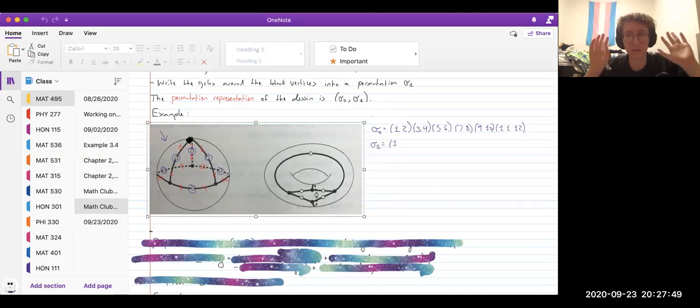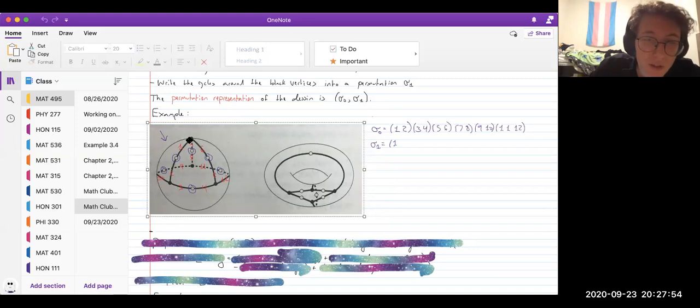We have to imagine we're viewing this from above. Counterclockwise would be going this way. The next one you hit is 6. Then if you keep going counterclockwise, you get to this one back here, which is 7. And then you get back to 1.